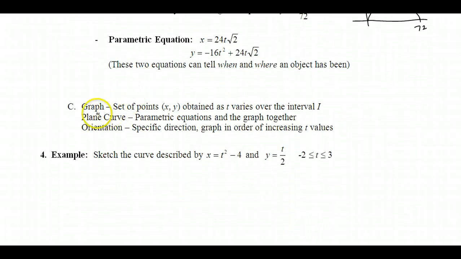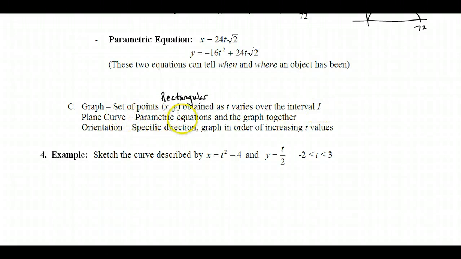So this next stuff in C is a lot of vocab. When we talk about a graph, that is your rectangular, because it's your set of points, just x and y. When you have just x and y, that's your rectangular equation. A plane curve is a set of points x and y obtained as t varies over your interval.